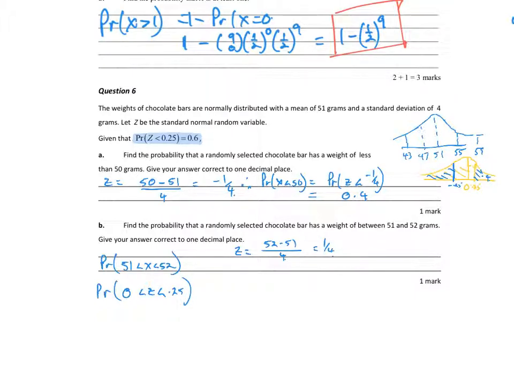So we've already discussed how up to positive 0.25, I'll do another sketch here. Up to that 0.25, the whole thing was 0.6.